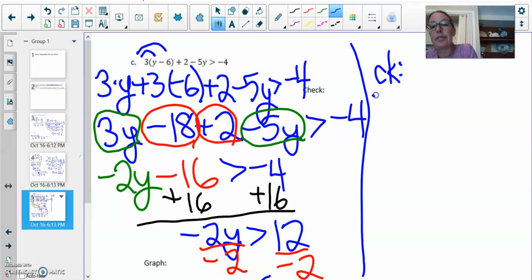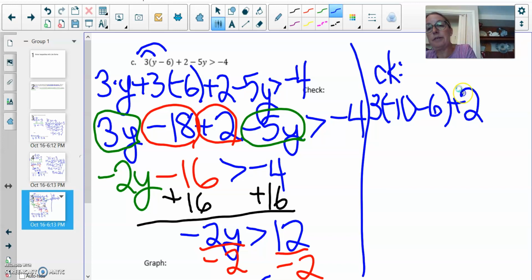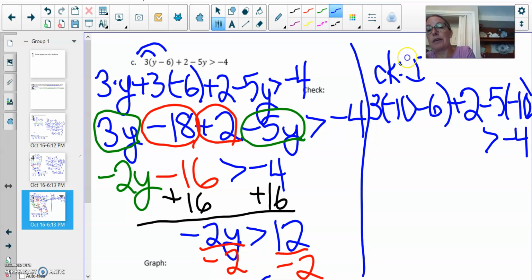I have 3 times -10 minus 6 plus 2 minus 5 times -10 is hopefully greater than -4. And I have to tell the reader if y equals -10.